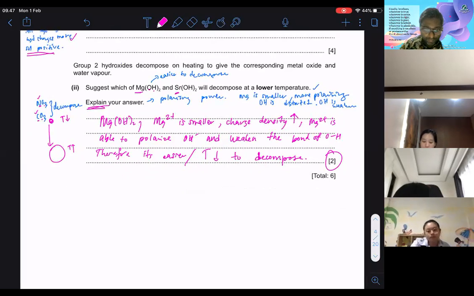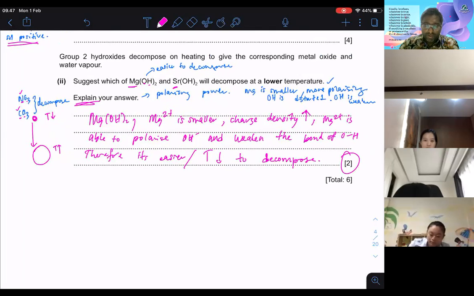So this is important. When you write Mg2 plus, please write down ionic radius. I don't write everything, so I just put ionic radius is going to be smaller. That's the important mark in your marking key. They want to see the ionic radius and the charge density. Do we need to mention how it will form a bigger or smaller cation?